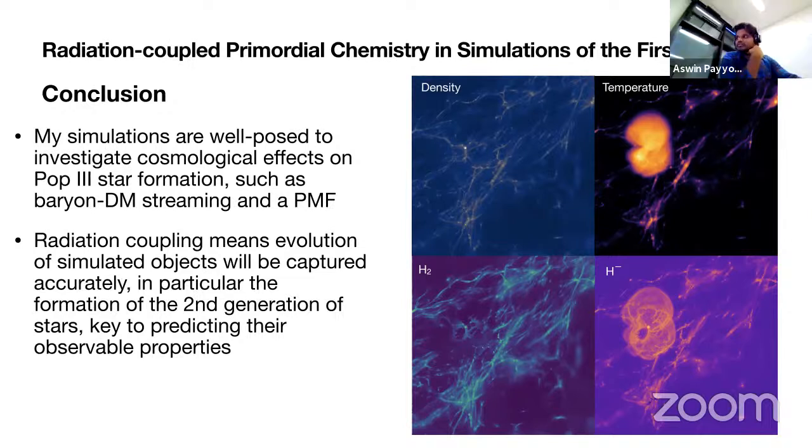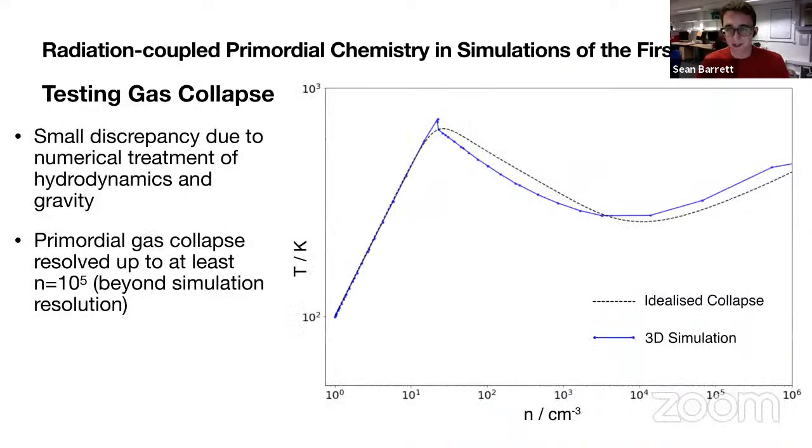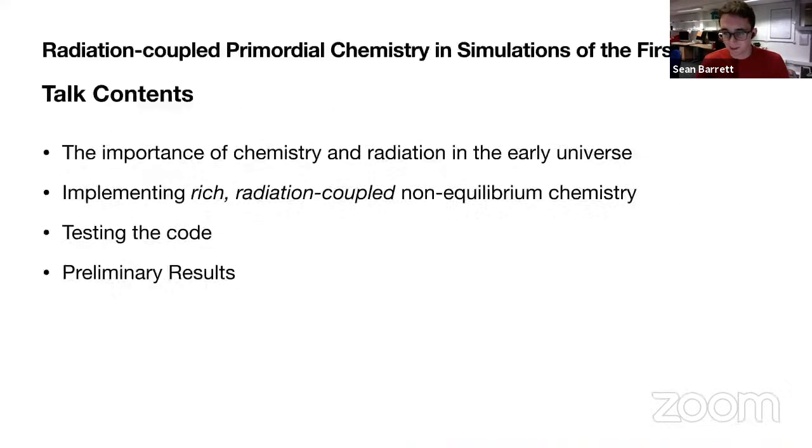Okay, thank you. We have another question from Mihir. He's asking, do you expect the effects from baryon dark matter streaming and magnetic fields to interact in a non-trivial way? If so, why? So because we're simulating quite small objects, I would hope that, sorry, let me show you.